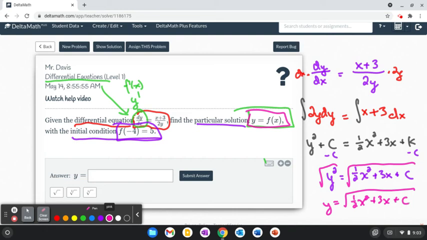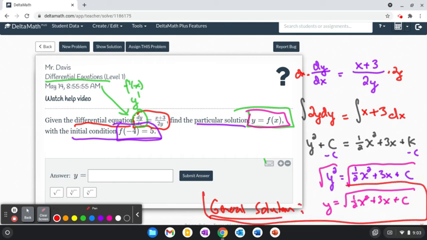Okay, so this is what we are going to call the general solution. Sometimes you will be asked to find that. Okay, a general solution just means it still has the plus c. All right, so it just has the arbitrary constant there.